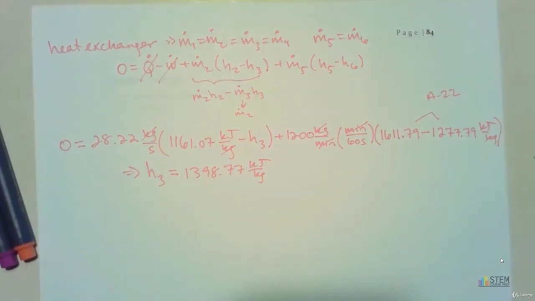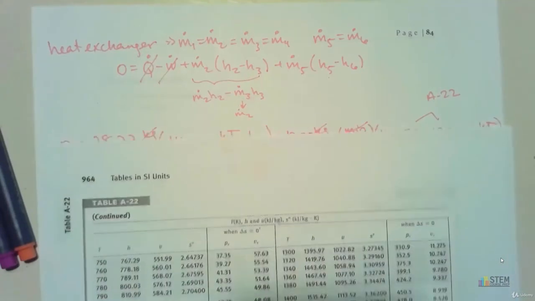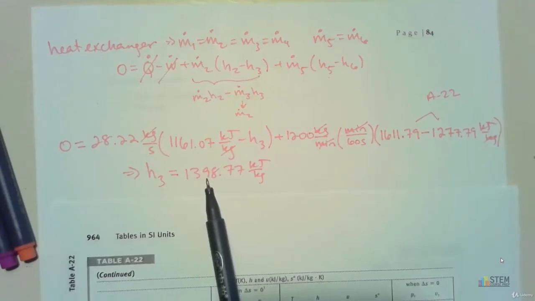Now, you might be wondering, what am I going to do with that? Because this is all we have left. We still don't have a temperature, right? We just have this enthalpy value. That's all we got. Now, what we're going to do then is let's look at this table, A22. If you think about it, what we can do is find this value, 1398.